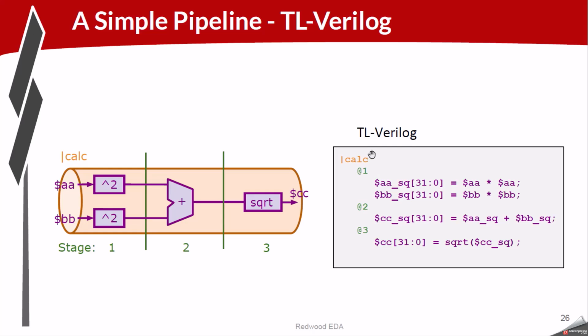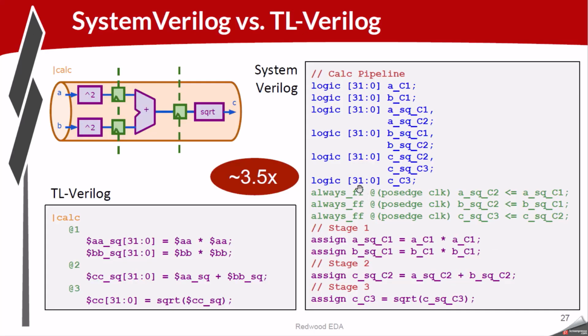We're not going to talk about Verilog or SystemVerilog, but since I'm on this one, pipelines in particular are something that is a little bit awkward to code in traditional RTL languages. And just as a point of comparison, you can see here the TL Verilog versus the Verilog has a very nice code reduction and is a lot easier to visually understand.